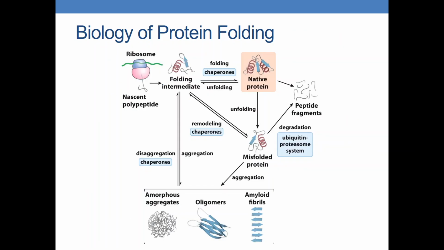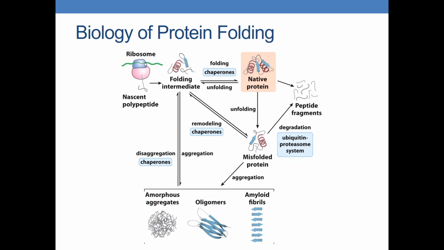Now that we've talked about the non-covalent and covalent interactions that stabilize protein structure, let's talk about what actually happens in the cell. How do we go from unstructured polypeptide to folded functional native protein? Okay, so let's start here. We're going to start at the stage of the ribosome. So your ribosome, it's bound to some mRNA.